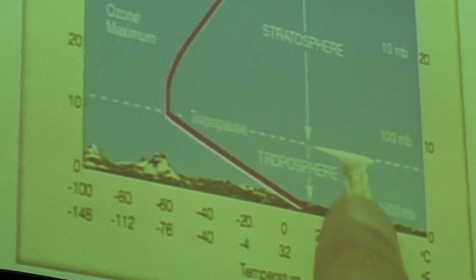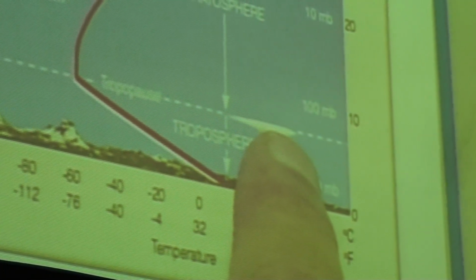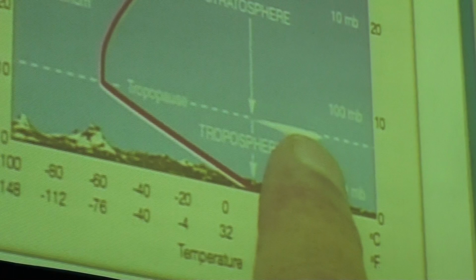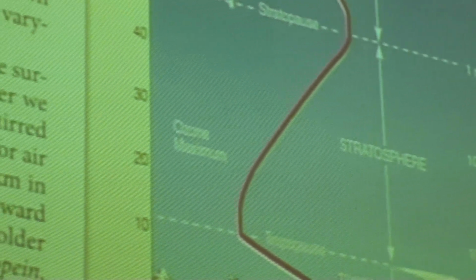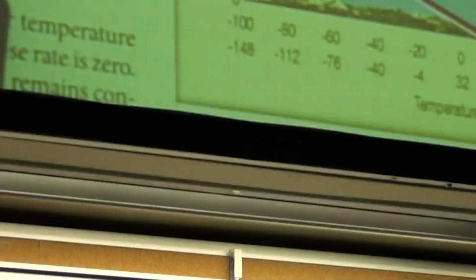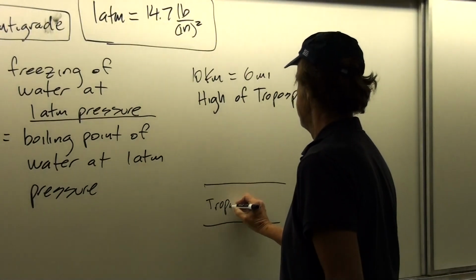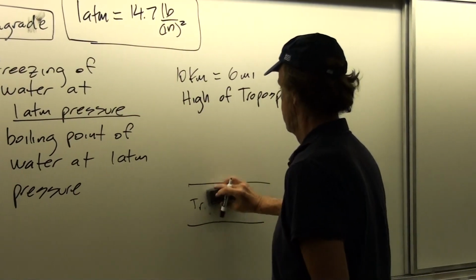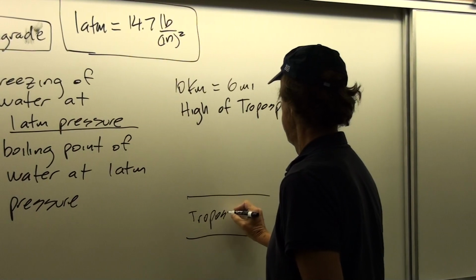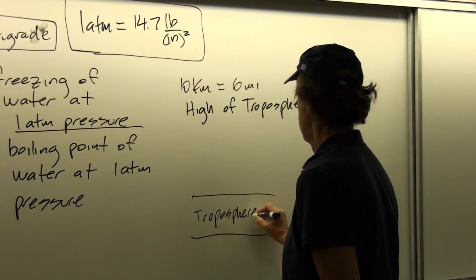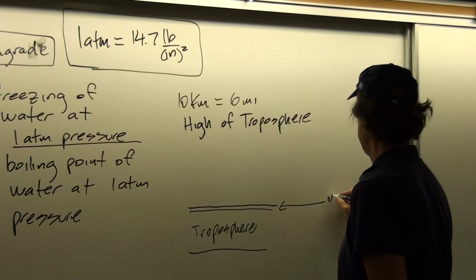Notice here we have this unstable cloud, and it flattens out, and it can't get through that barrier to the next layer, which is called the stratosphere. Now, the reason for this barrier between the troposphere and the stratosphere is what we call an inversion layer here.